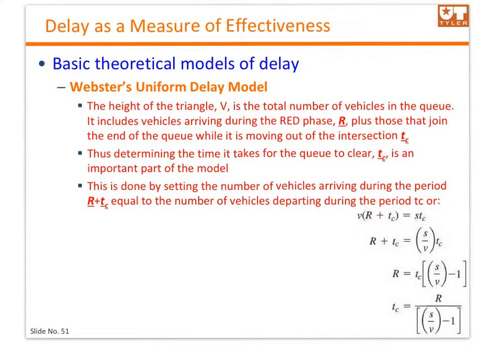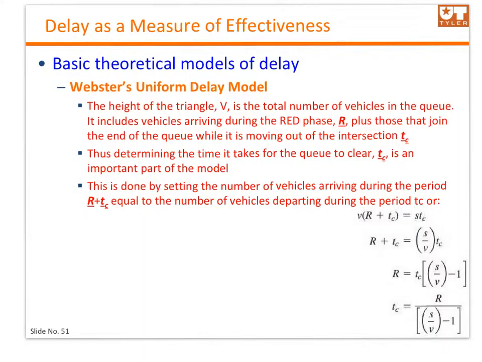Thus, determining the time it takes for the queue to clear, TC, is an important part of the model. We do this by setting the number of vehicles arriving during the period R plus TC equal to the number of vehicles departing during the period TC.